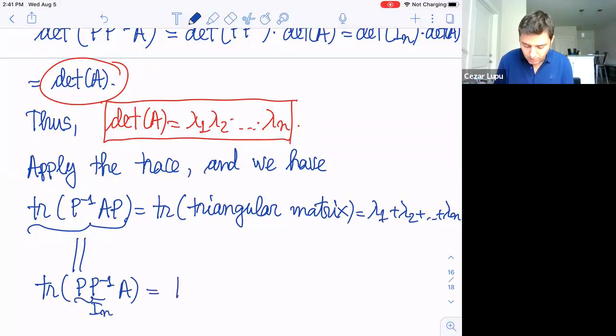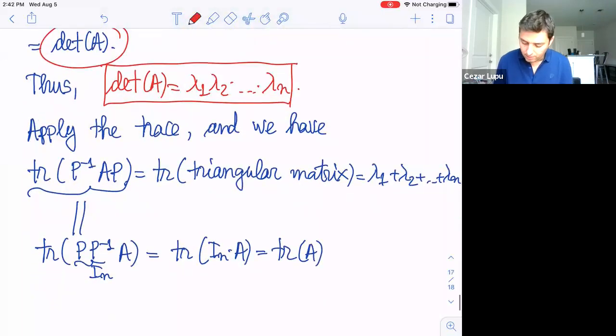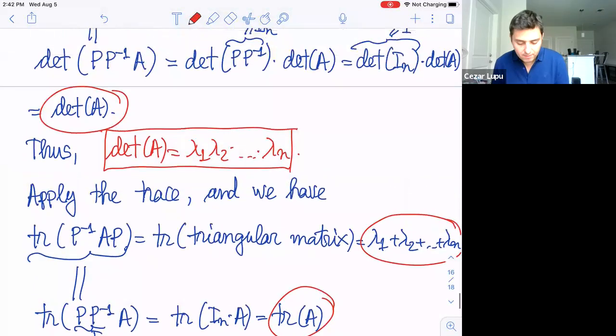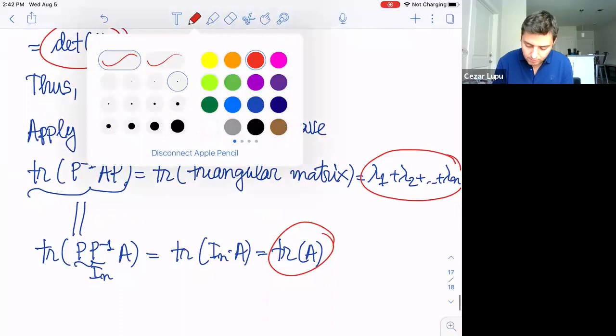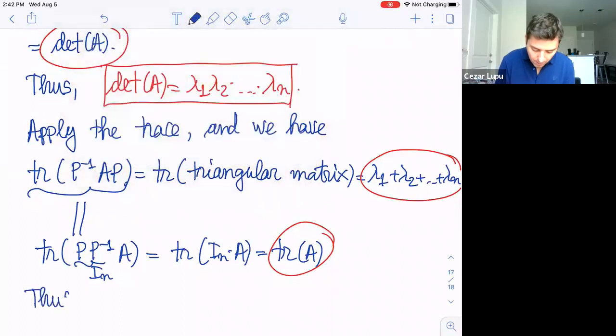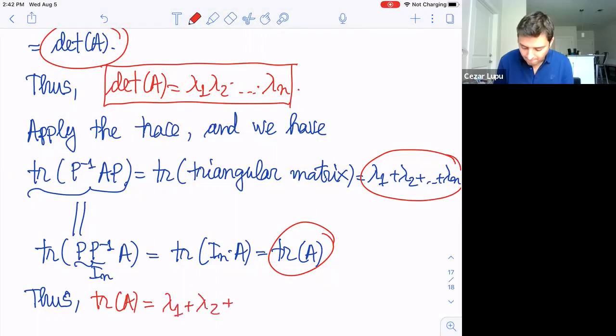So this will be equal to the trace of the identity times A, which is trace of A. Again, if we look here, this guy will be equal to this guy. And again, the same story: the trace of A is the sum of the eigenvalues. And that's it.